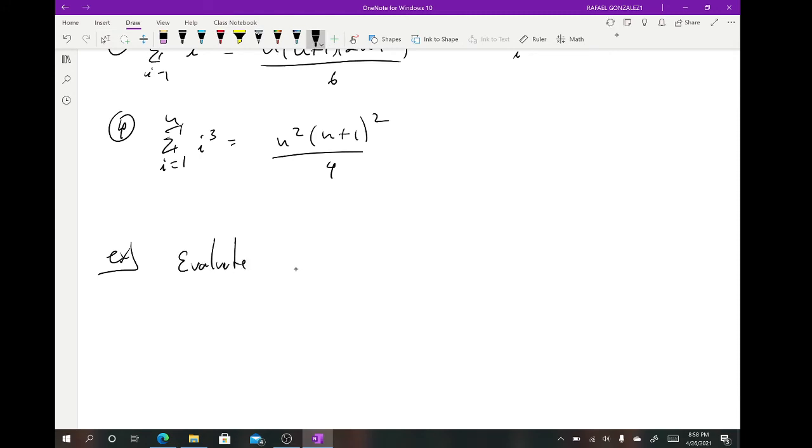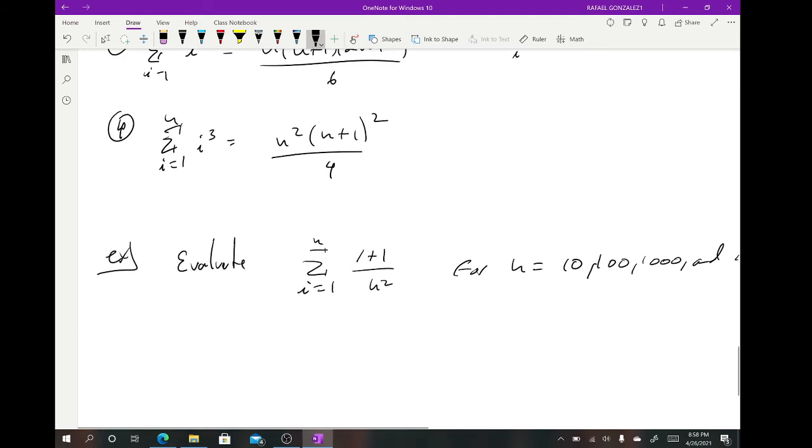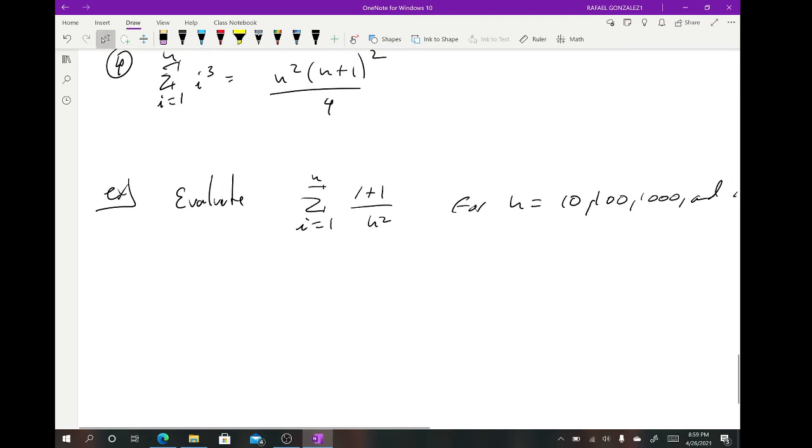They told you evaluate the sum from I equals 1 to n of I plus 1 over n squared for n equals 10, n equals 100, 1000, and 10,000. I'm not going to do all of the cases, but I'll definitely do a few of these cases, and I'll leave the rest of the cases up to you.